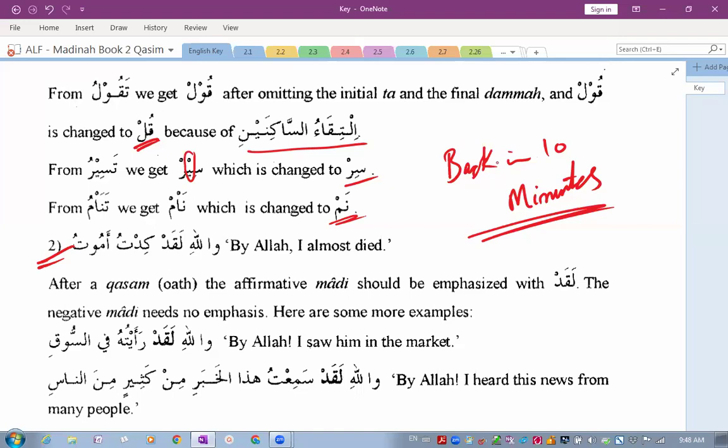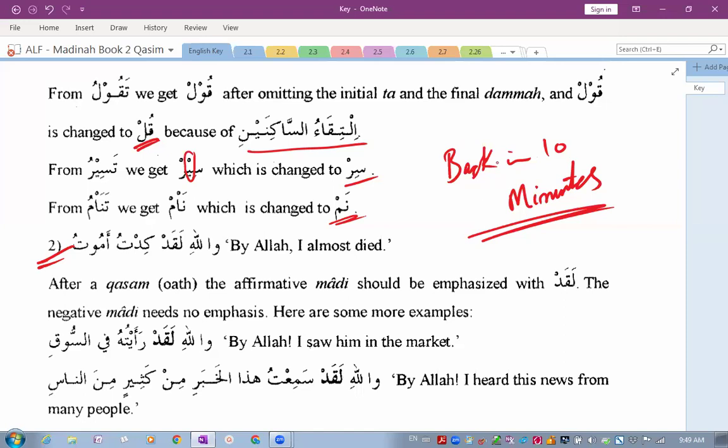I have a question about the Madi that we did just now. I think it's not completely clear in my mind for the last example from Fatah Yaftahu. How does it change to Kasra versus Dhamma?